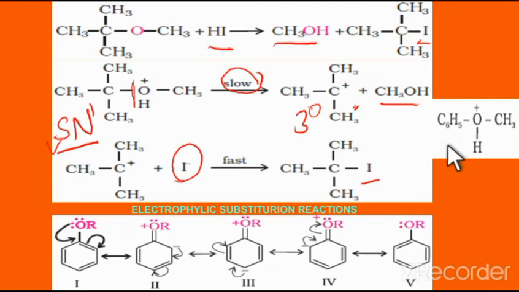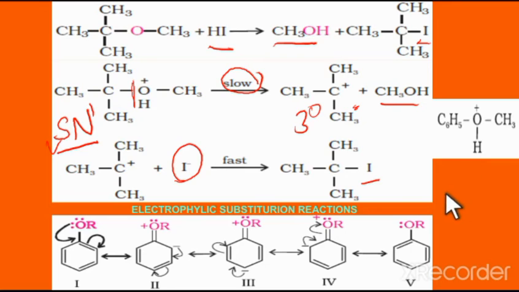In case of phenyl methoxy benzene, when it is treated with hydrogen iodide, it also forms the alkyl iodide, but this follows the SN2 mechanism.